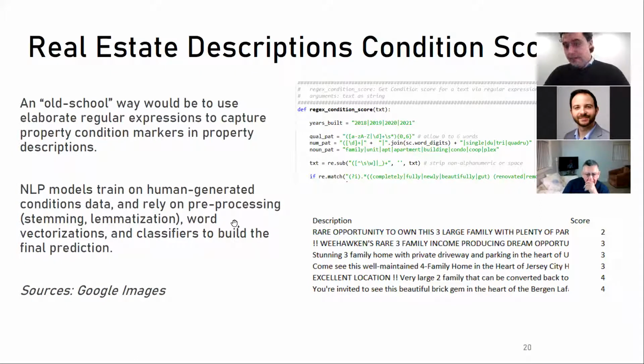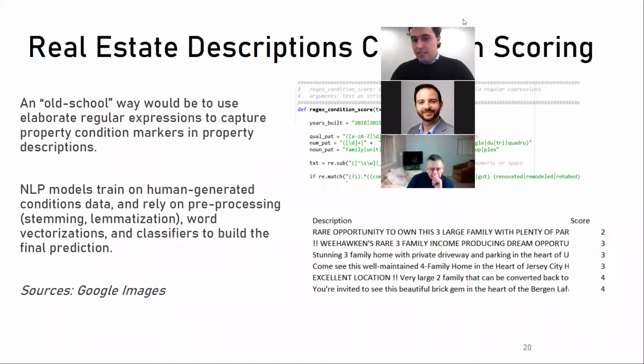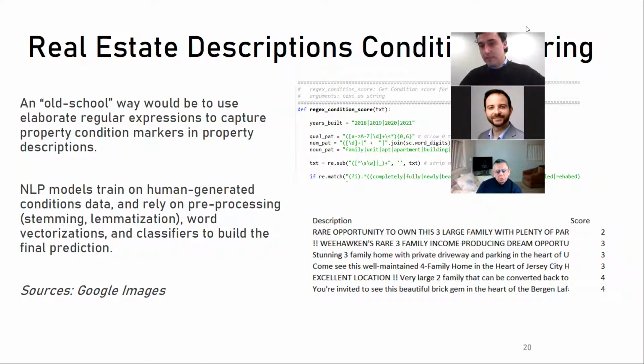And then natural language processing models are kind of an expansion of that, the newer, better way to do it. To achieve this, one needs to build a table like the one I have at the bottom right, ideally with thousands of property descriptions, and score them, maybe hiring a VA, a virtual assistant, to score them manually.